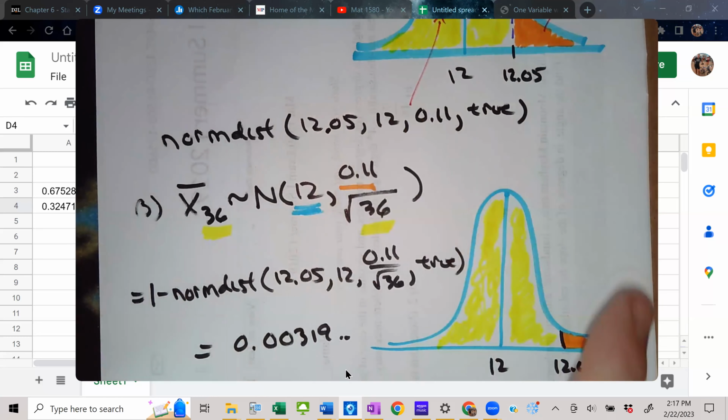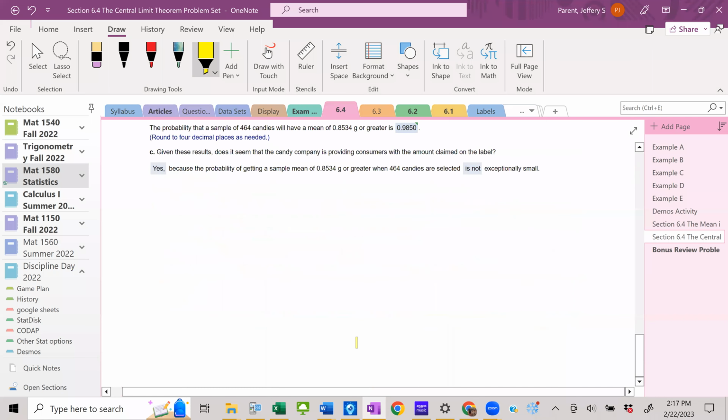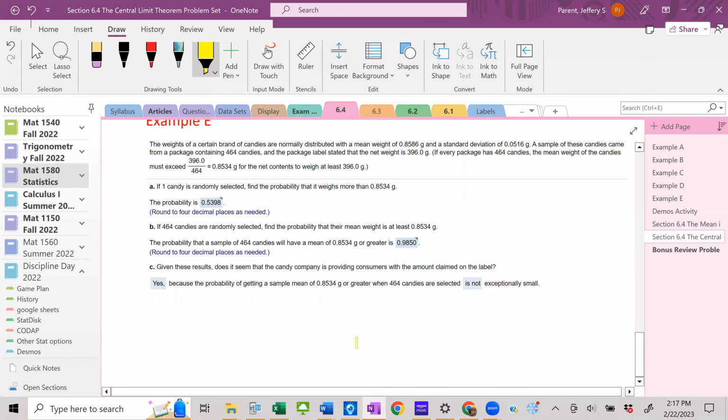Any other comments on this one before we do another example? All right, let's take a look at example E here.